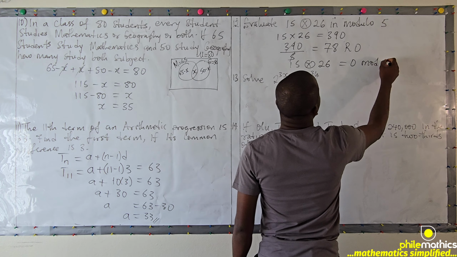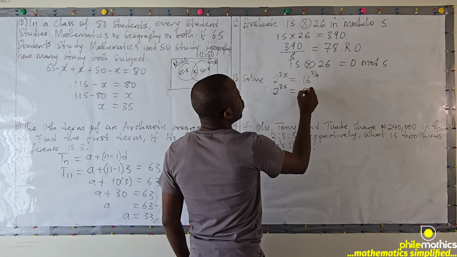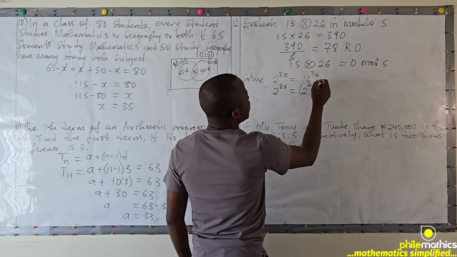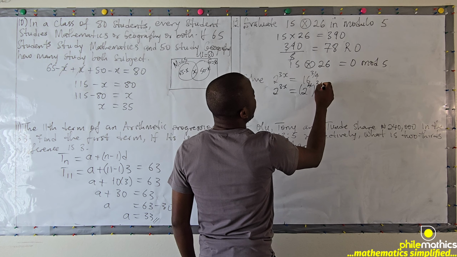Question 13 says solve 2 to the power 3x equals 16 to the power 3 over 4. So what we simply do here is put 16 in index of 2. So we'll get 2 to the power 3x equals 2 to the power 4 is 16, and this is raised to the power 3 over 4. From the product rule in indices, these two can multiply, so this can cancel this.